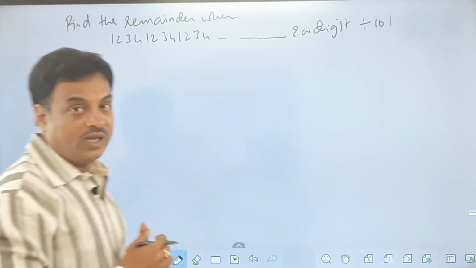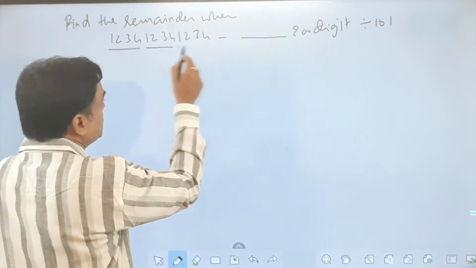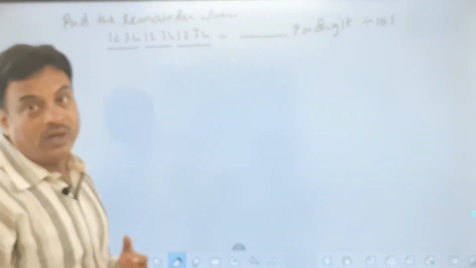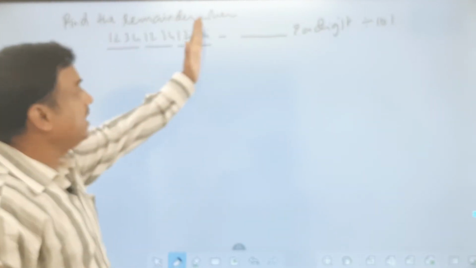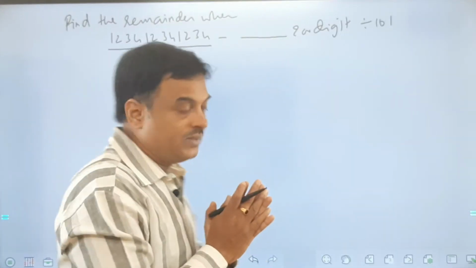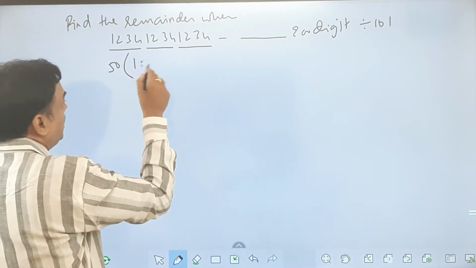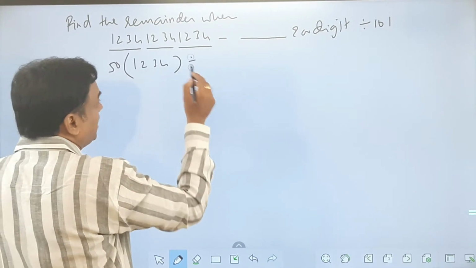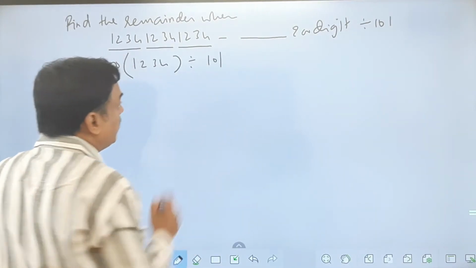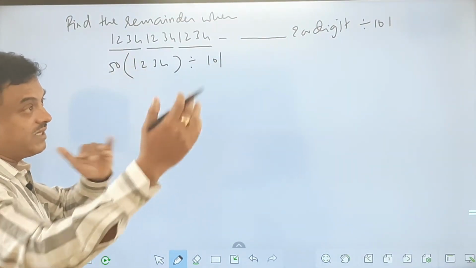So if you observe, these are 4 digits, 4 digits, 4 digits, so on up to 200 digits. So how many units will form? If I divide, I'll get here 50. So this is something like 50 times of 1234 divided by 101. And any number 50 times, it will be 50 times the same recurring part.